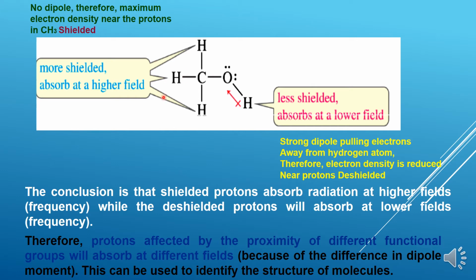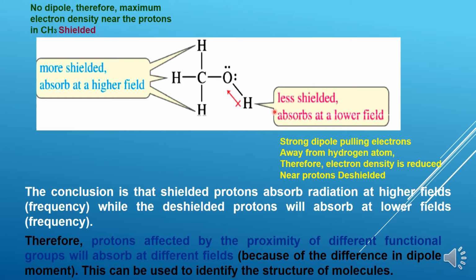They are more shielded, therefore they are absorbed at the high field region. The other is the hydroxyl proton, which is less shielded because it is attached to the more electronegative oxygen atom. So the electron density towards this hydrogen atom is very low. Therefore, it is less shielded and absorbs at lower field regions.